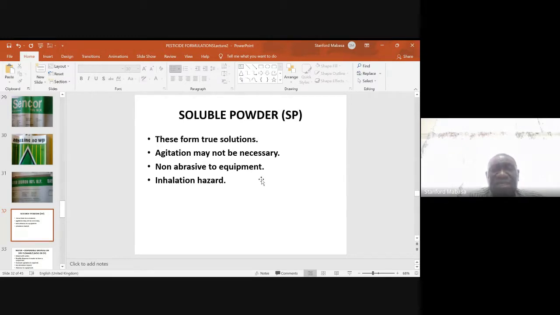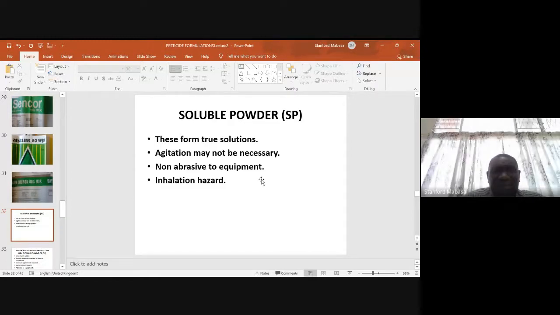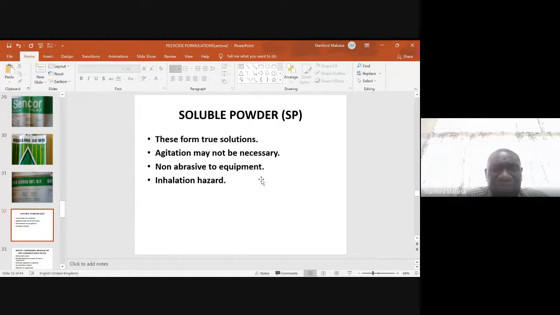These do not damage the equipment. They are not abrasive like wettable powders. Wettable powders are notorious for damaging equipment. The hazard to inhale the dust is there, so one needs a mask.